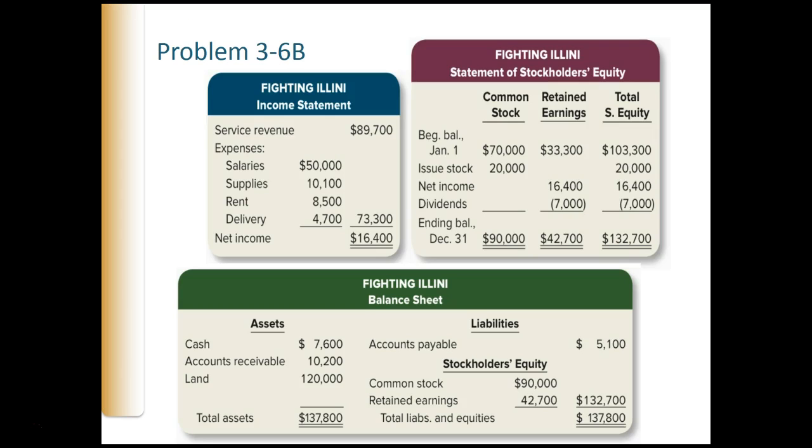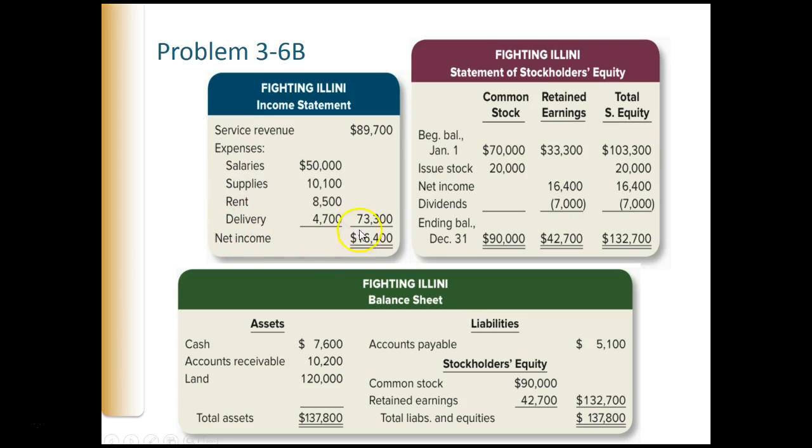Okay, one last problem we're going to look at. Problem 36B gives us the information for the income statement, the stockholders' equity section, and the balance sheet. Again, be aware of how these financial statements are interrelated.